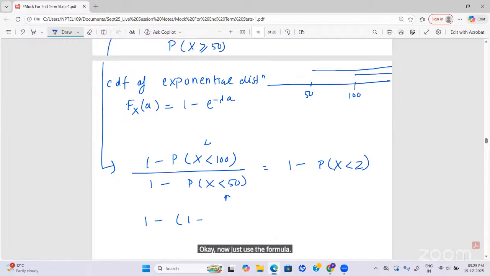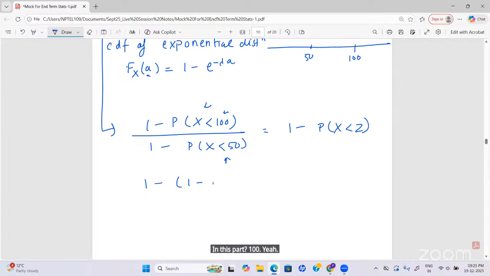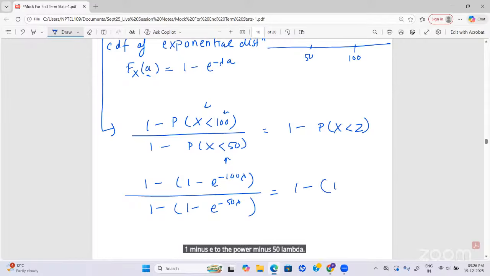What is the value of a here? 100. So this will be 1 minus e to the power minus 100 lambda, 1 minus e to the power minus 50 lambda, and 1 minus e to the power minus z lambda.